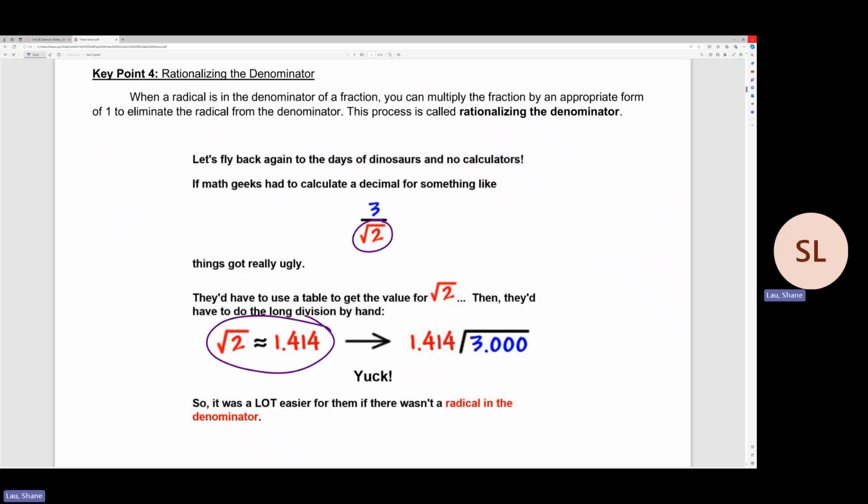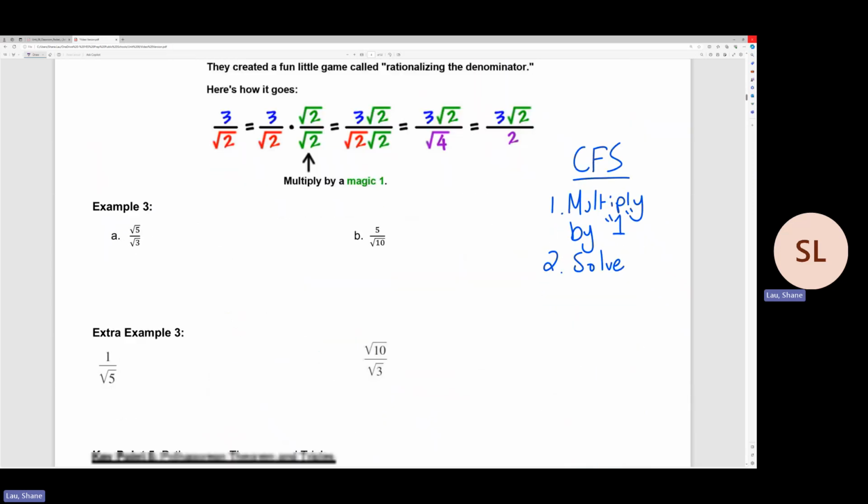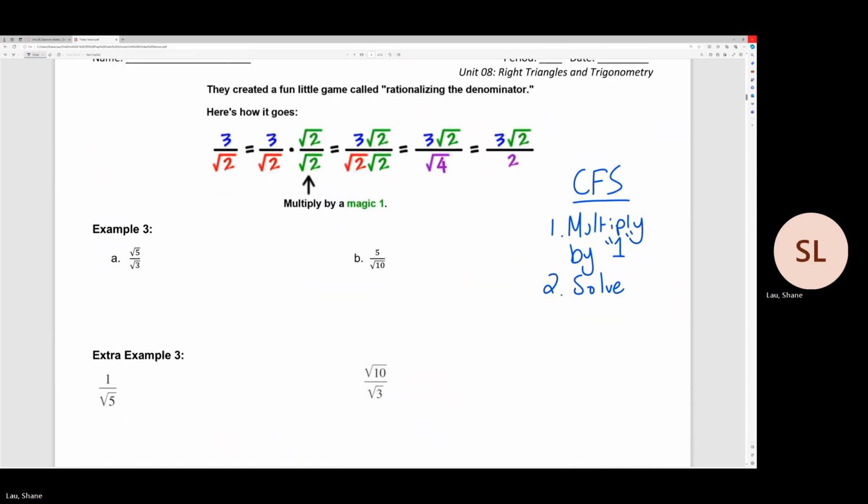So instead of essentially dividing 3 by infinity, what we're going to do is change that infinity, in quotations, that square root 2, to not be in our denominator. And that's why this next part is so much more important than we think. So we have our original, that's right here. Then we multiply by a magic 1, in quotations, right?